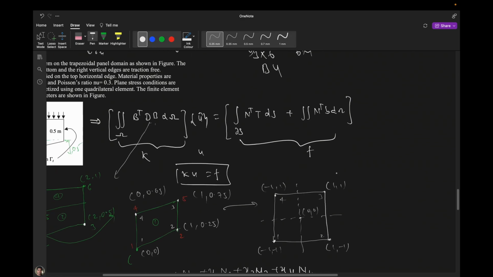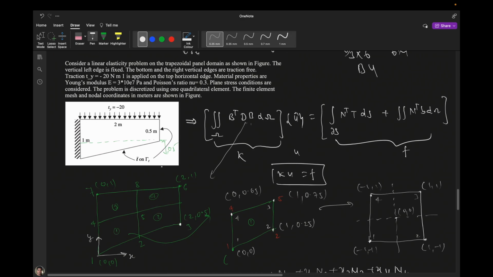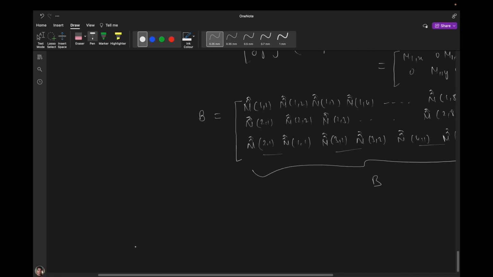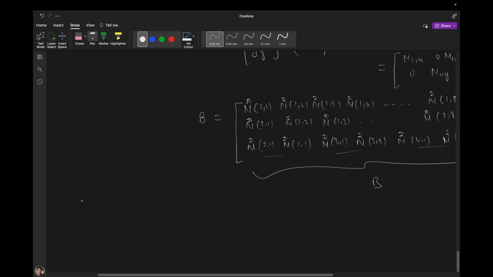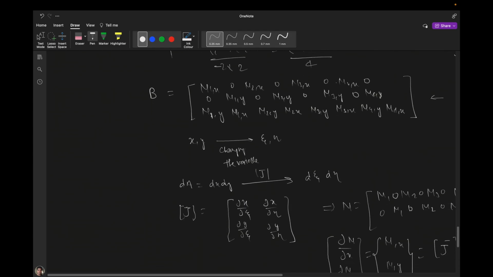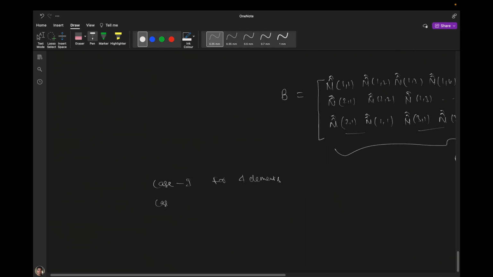Yeah, so in this problem we will take 4 elements as case 1. First we will solve for 4 elements and then we will increase, case 2 for 8 elements.